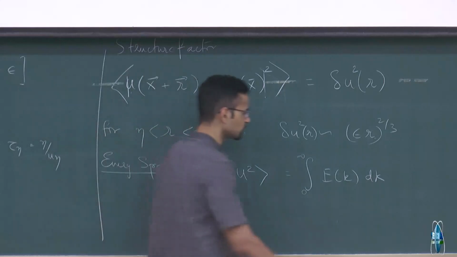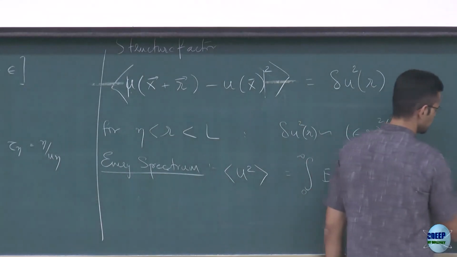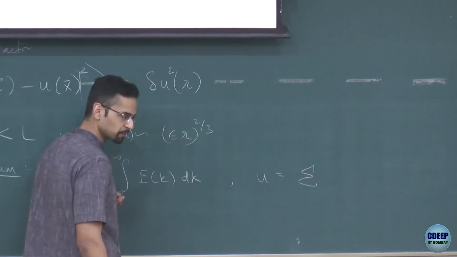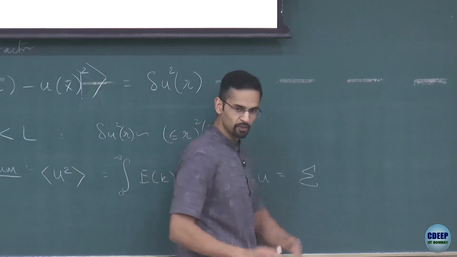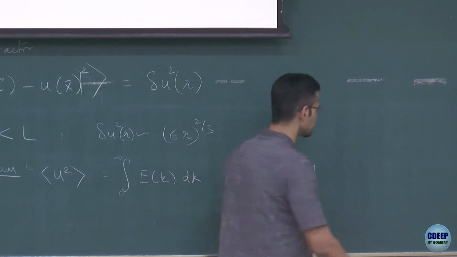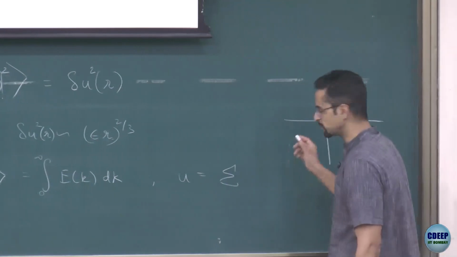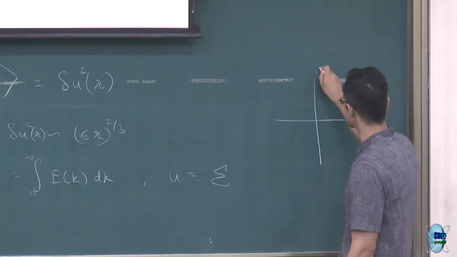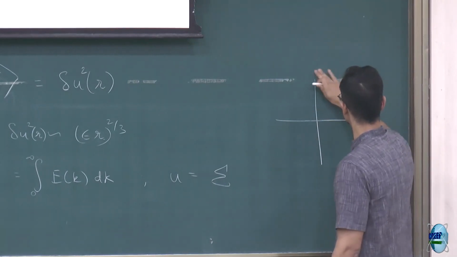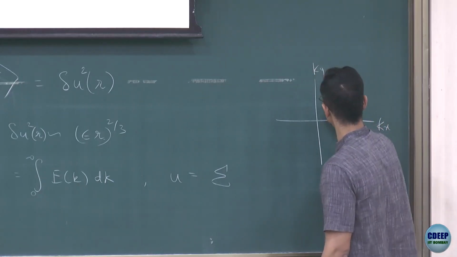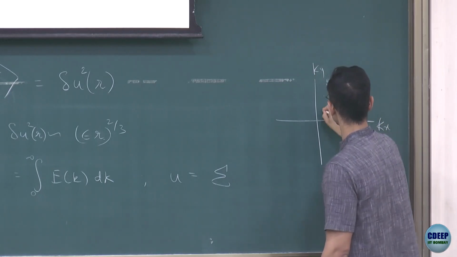The way I would actually do this is I would write the velocity field as follows. This is the in-principle picture; numerically, of course, I will have to discretize my field. You can think of it in 2D, though you can extend it to 3D. If I have x and y, I can do a Fourier transform to kx, ky, and I will have different points in the Cartesian grid.